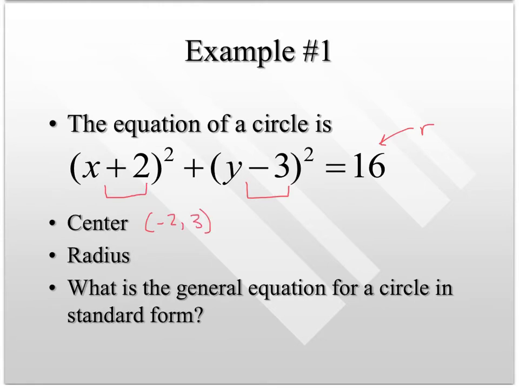So what we're basically doing is we're setting each of these parenthesis terms equal to 0 and solving, and we get our center and how it is shifted from the origin. So this would shift 2 units to the left, and this would shift 3 units up. Our radius is the square root of that last value, which would equal 4.